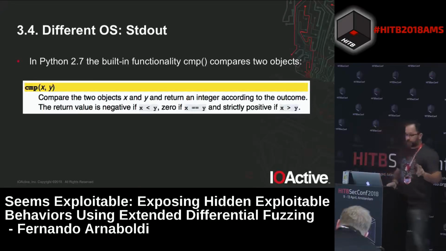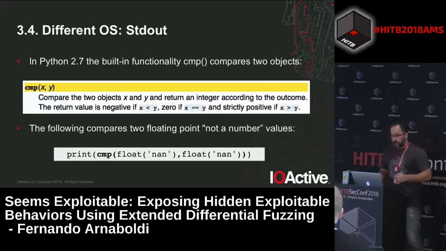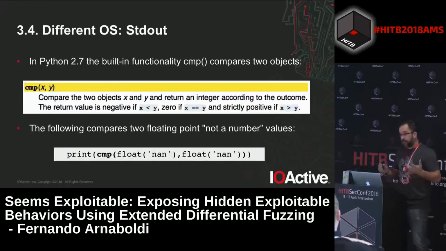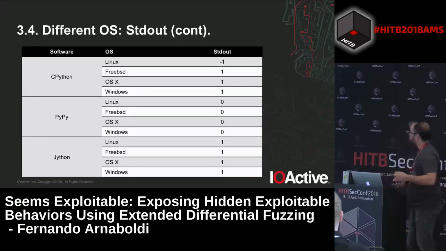CMP compares two objects. The thing about this is that when you're trying to compare two floating point not a number values, the result is going to differ depending on the operating system. And this is what happens. So we have three pieces of software: regular Python, PyPy, and Jython.